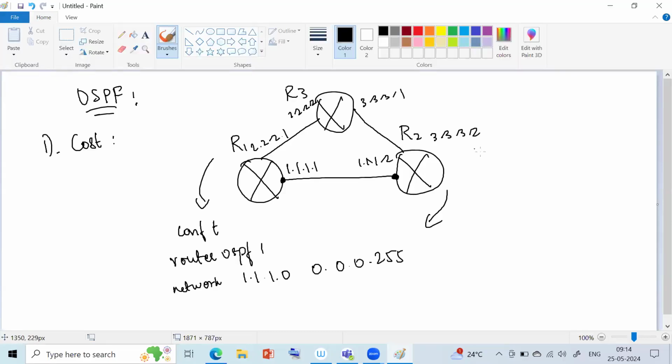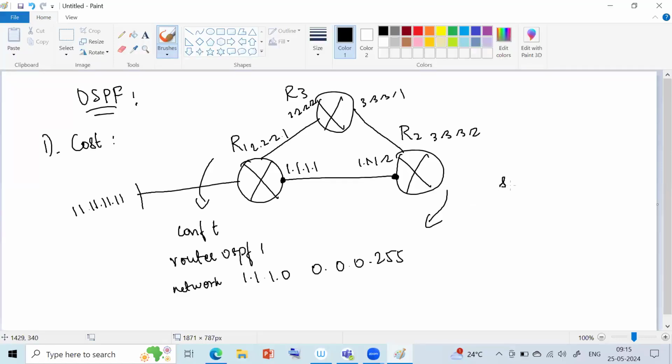First of all, when you observe R2, let's create a loopback on this R1, which is, let's say, 11.11.11.11. In the routing table of R2, let's write the routing table.